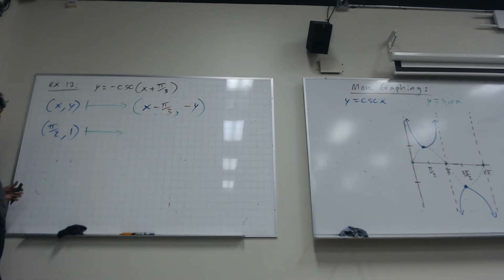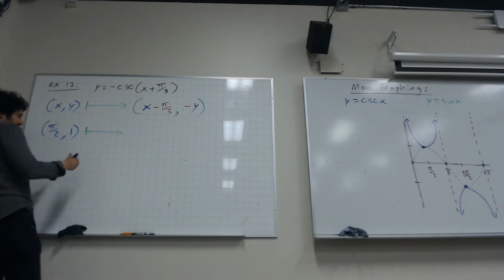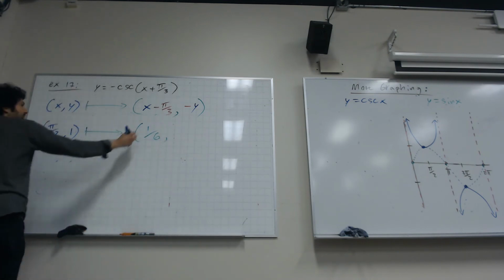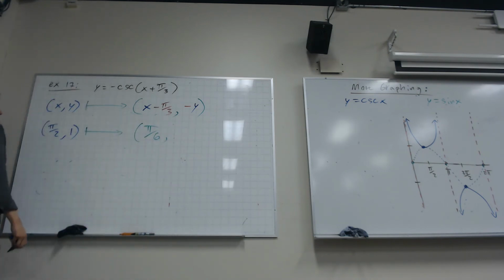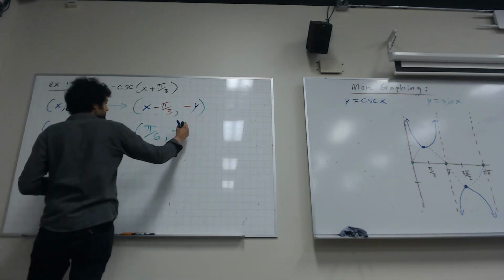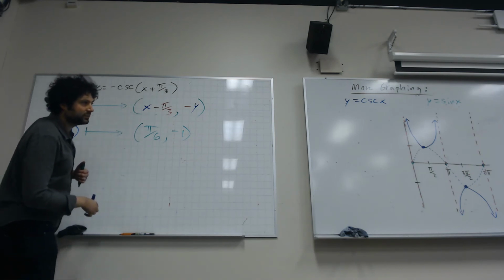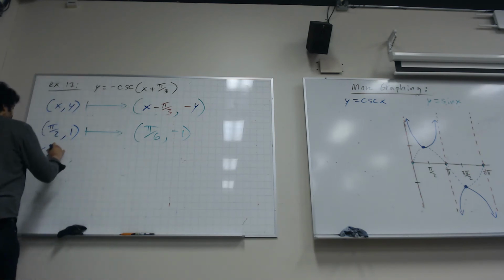What's a half minus a third? Pi over 6, comma, negative 1, good. Then the only other point is 3 pi over 2, negative 1.